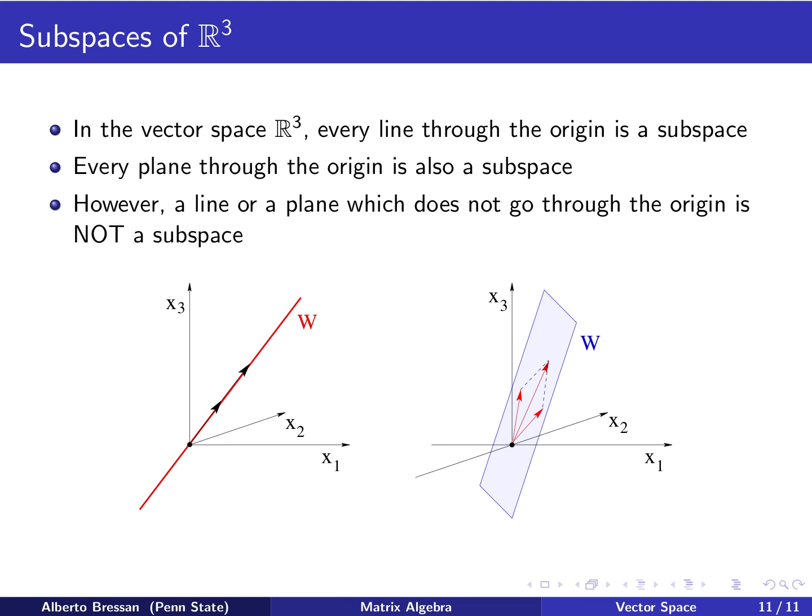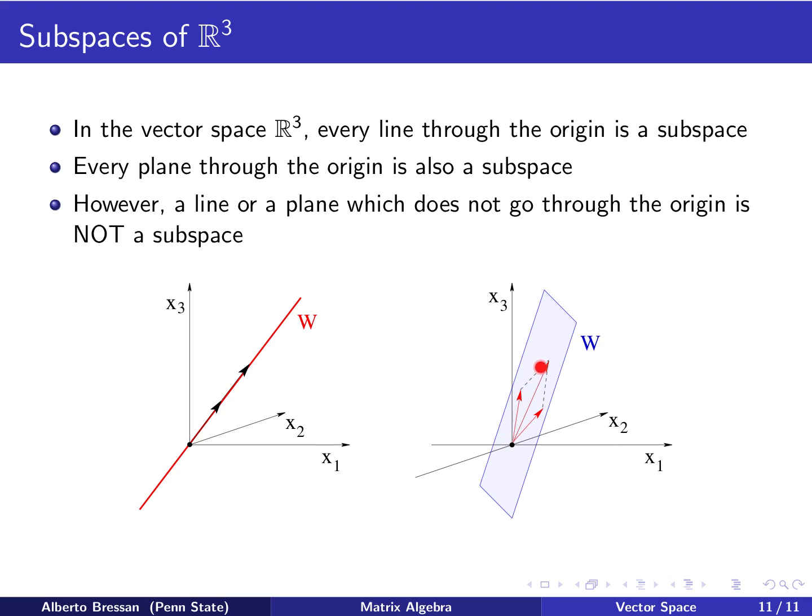Second, since this is a 3D space, we can have a plane going through the origin, and that is also a subspace. Imagine you have a plane that goes through the origin, and you have two elements u and v in the plane. What will be the sum of these two elements?